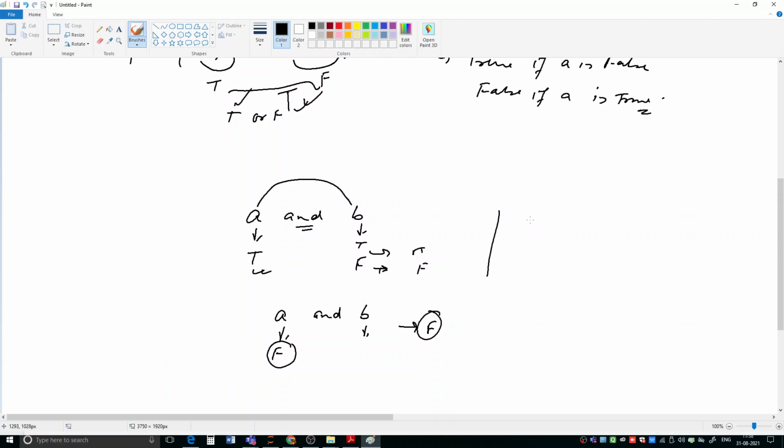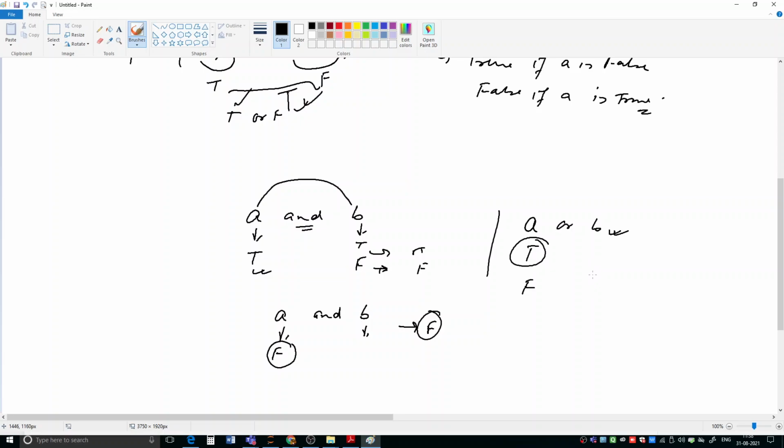For example, let us take another one, A or B. If A is true, do we need to evaluate B? No, sir, because one of them is true, so no need to evaluate. But if it is false, do we need to evaluate the right one?